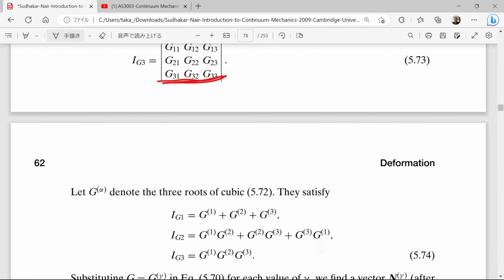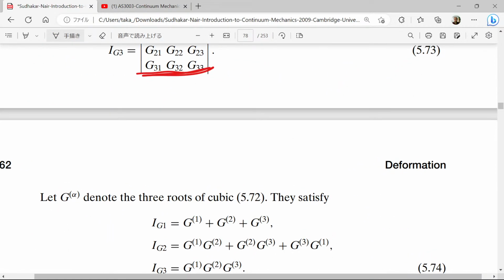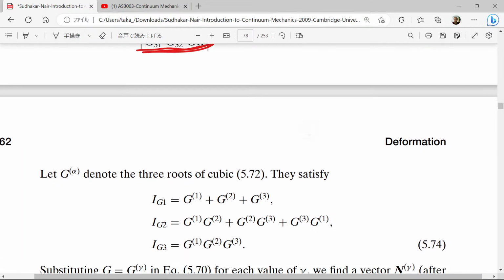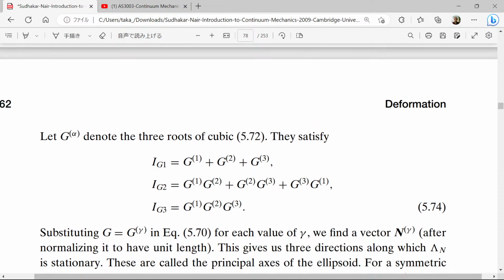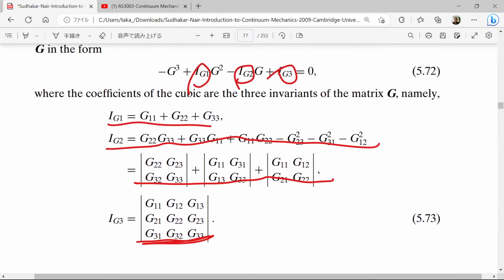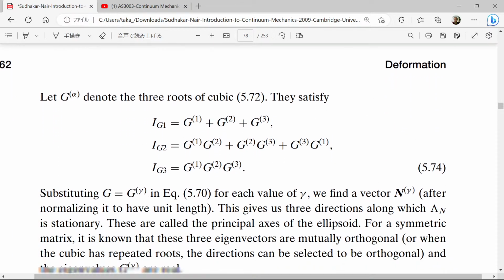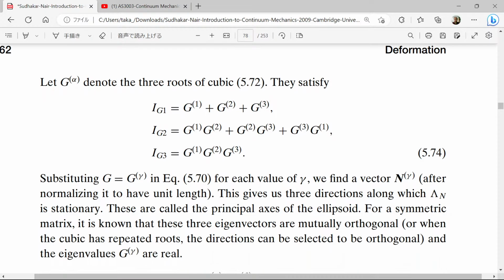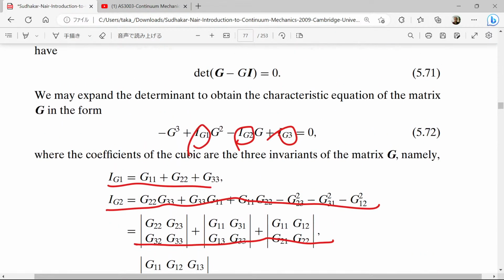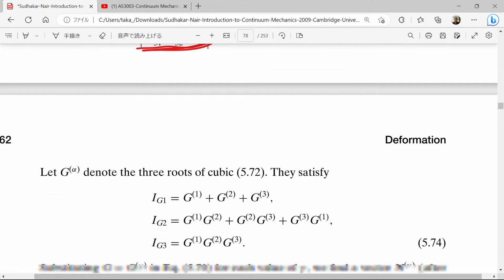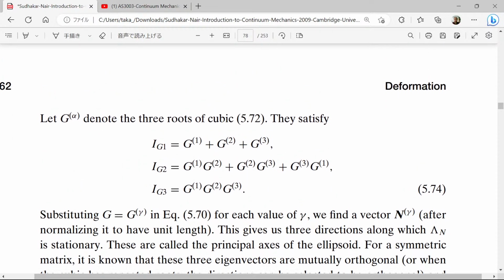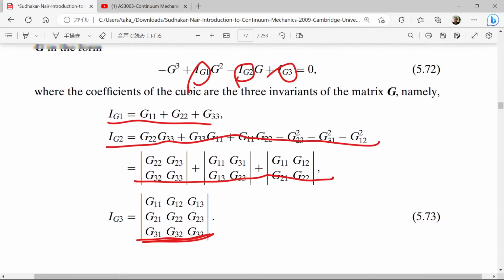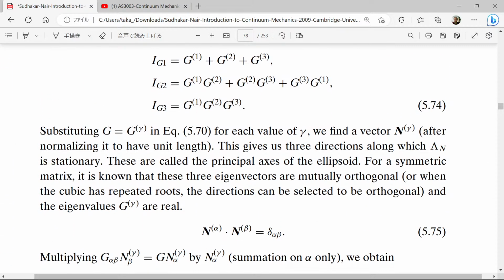So you have G alpha denote the three roots of cubic 572. They satisfy this. So this solution satisfies this.